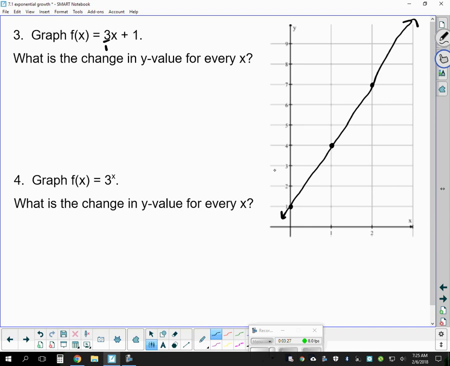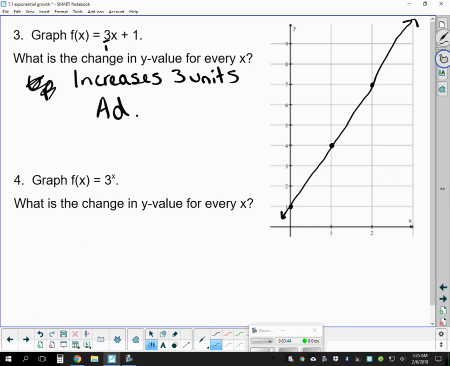So for every x, it's already over 1. Well, the y value is going, well, let's say an increase, 3 units. Okay, in other words, you are adding 3. So you know from Unit 6 that this would be an arithmetic sequence that we would be talking about.